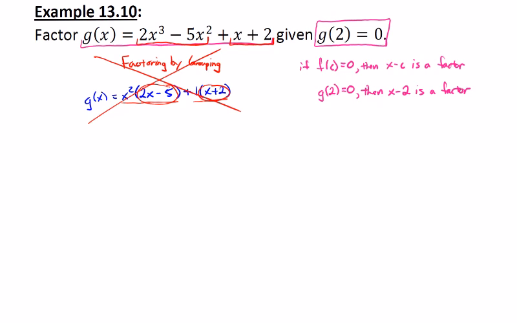But the factor theorem also implies that g of x is going to be factored, of course, as x minus 2, but I'm also going to need a quotient here. And that quotient has to be paired up with this x minus 2 representing the divisor for a division problem.